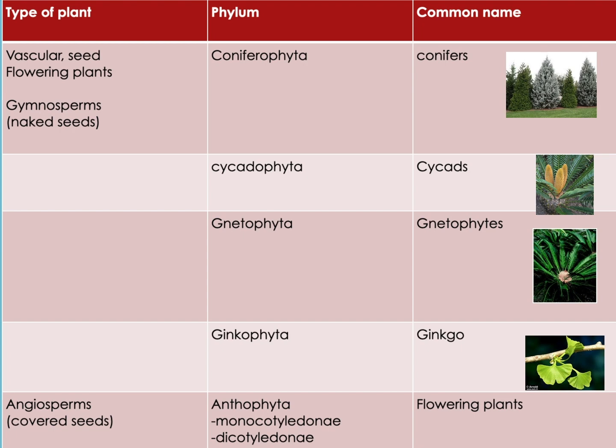The general characteristics of seed plants are that the plant has root, stem, leaf, and seed-bearing structures. Of course, they produce seeds and they have chlorophyll, hence they can carry out photosynthesis. They also have highly developed vascular tissue consisting of both xylem and phloem.